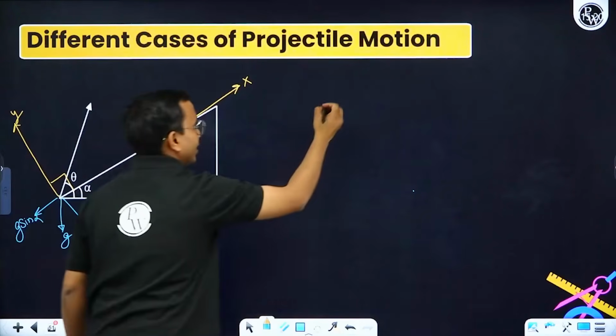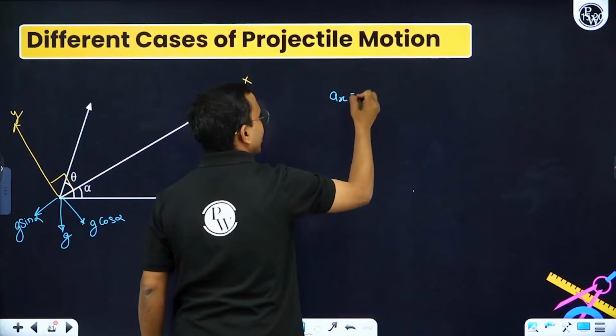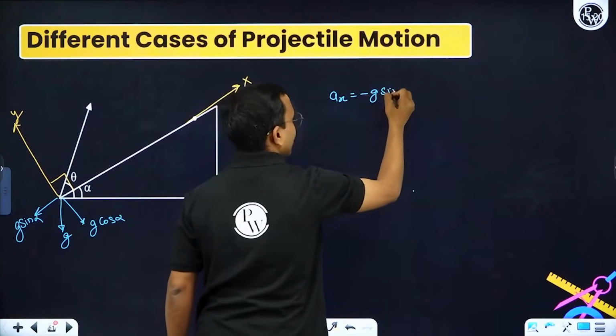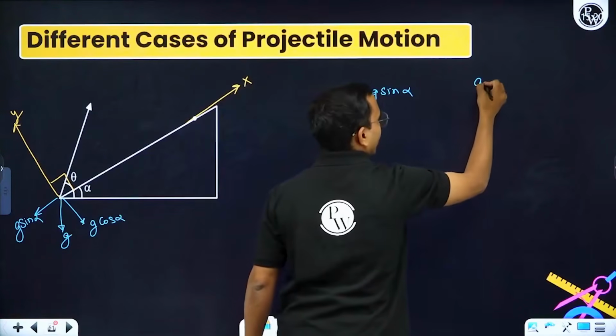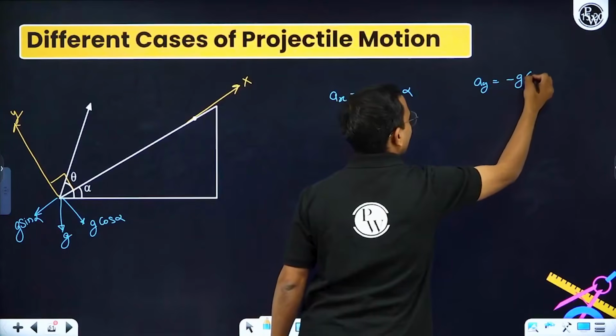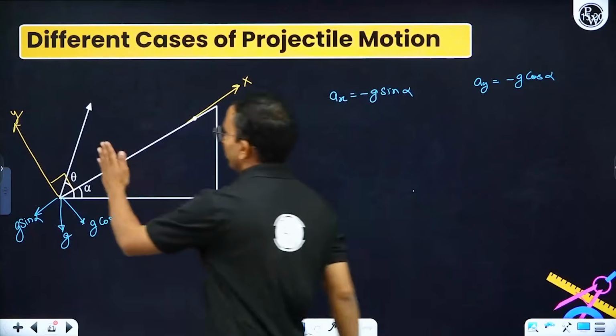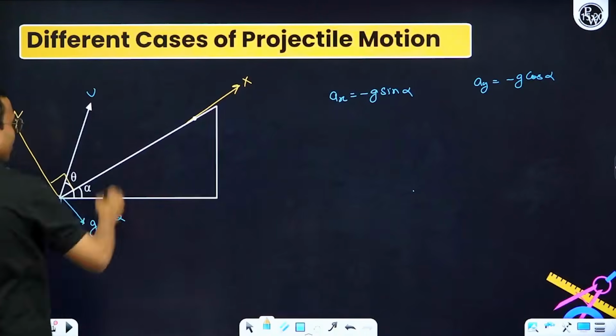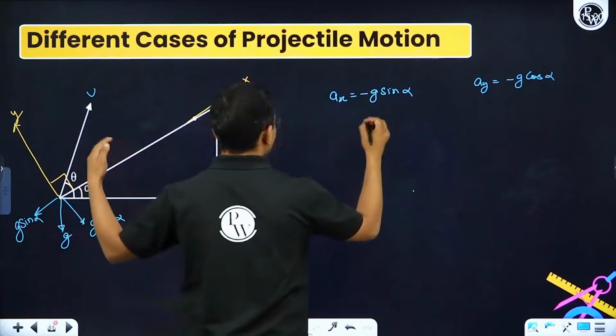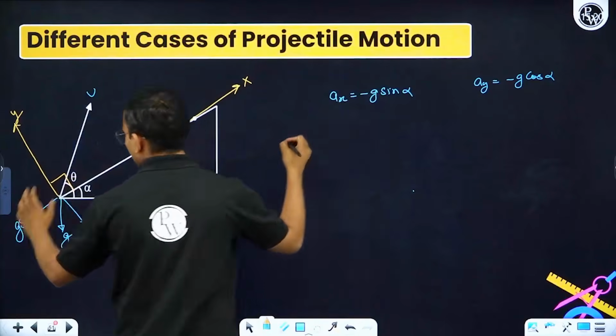So here ax is minus g sine alpha, ay is minus g cos alpha. Similarly take the components of u. My ux will be u cos of theta minus alpha.